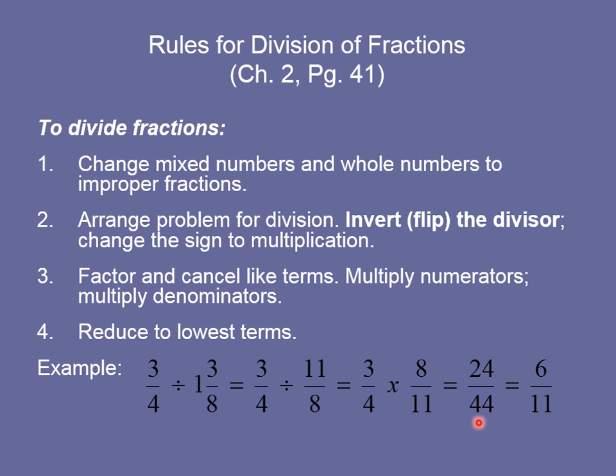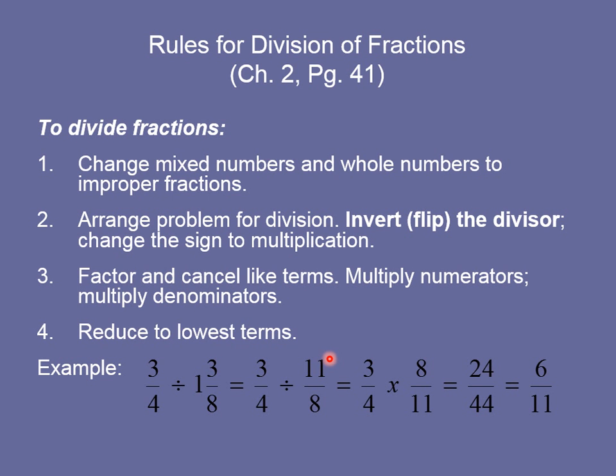Now how do we do it? Look at this one. The second fraction you have is 11 over 8, right? But you switch the division into multiplication, and you flip this one. You make it 8 over 11 instead of 11 over 8. Basically, you just switch the numerator and denominator of the second fraction. Do you see it?